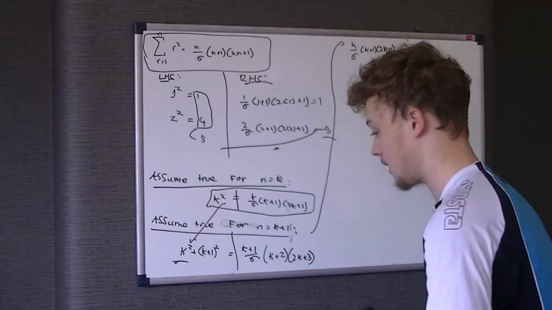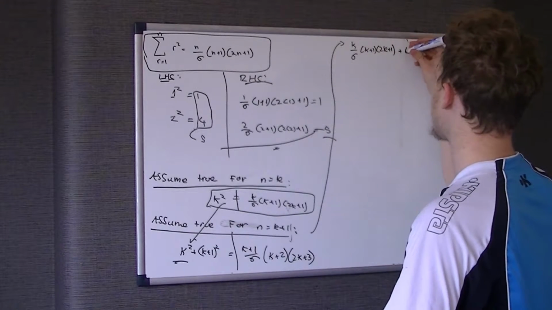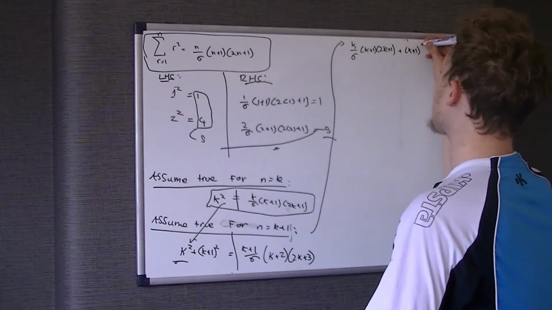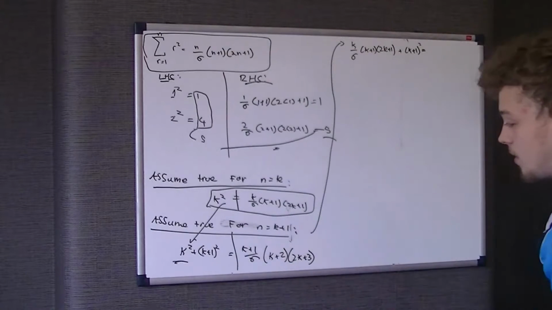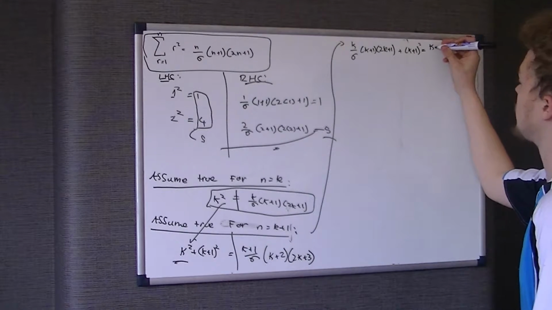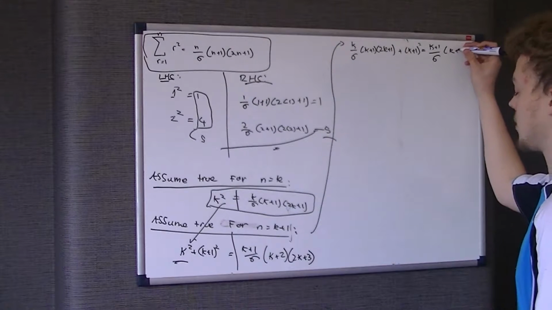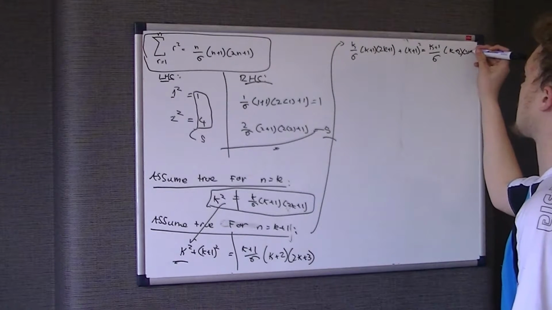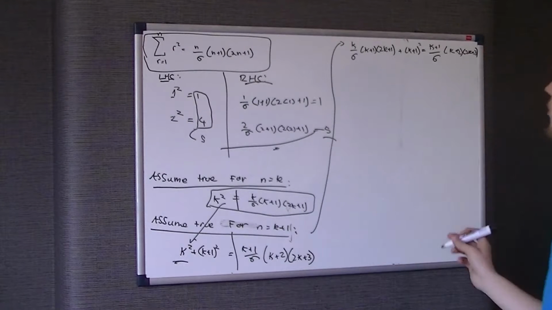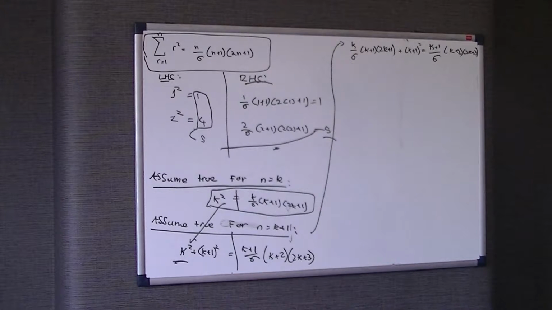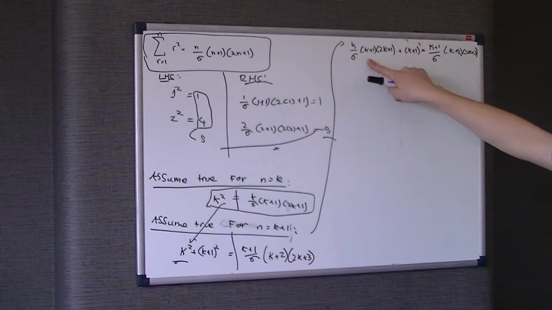And we add to that k plus 1 all squared. And that's the same as the right hand side, which says k plus 1 over 6 times k plus 2 times 2k plus 3. And it applies to the similar principle on the other side as well.